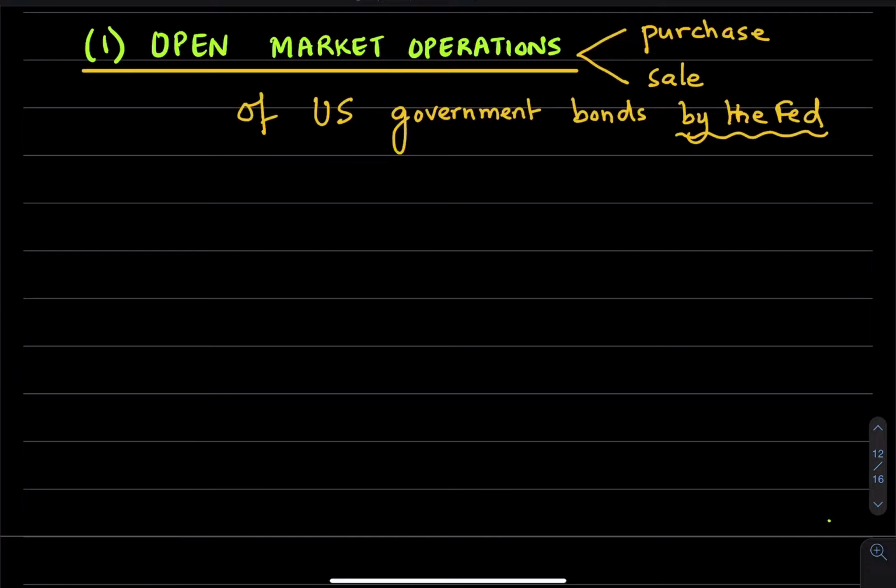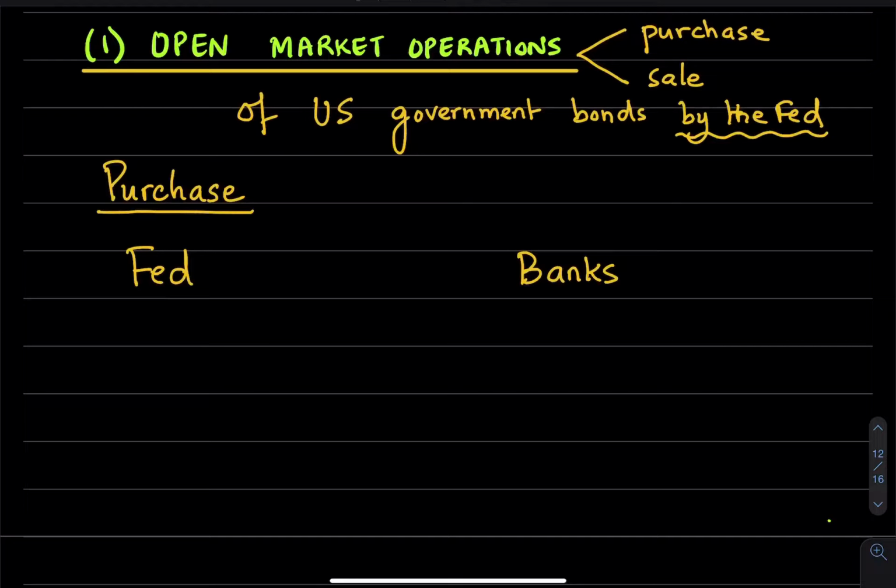So let's take a look at what happens if there is a purchase of U.S. government bonds by the Fed. Let's assume here is the Fed and they are transacting with banks. Banks hold U.S. Treasury securities or U.S. government bonds, so they can enter into this transaction with the banks.